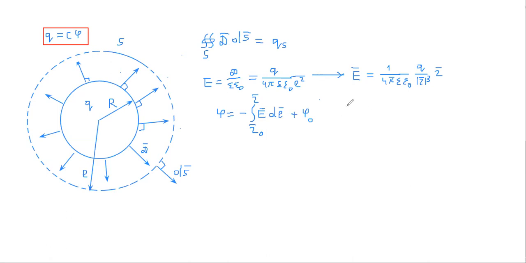In this case, the most convenient choice is phi 0 equal to 0, and r0 we will choose infinity.